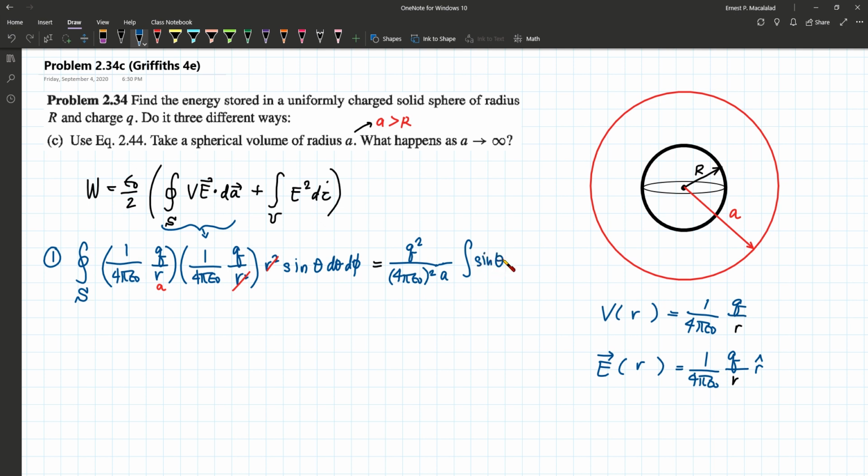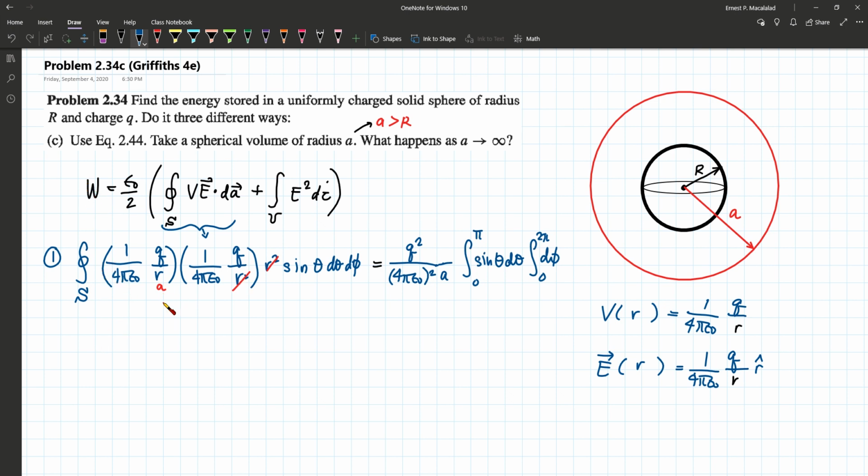This is a sphere, so for the surface to be closed, theta goes from 0 to pi and phi goes from 0 to 2 pi, which gives 4 pi.